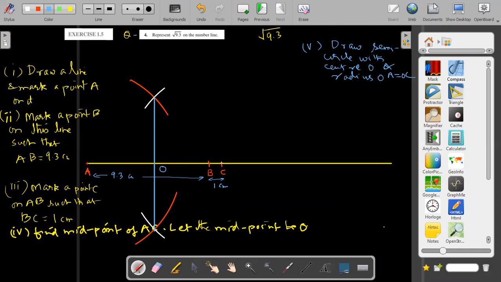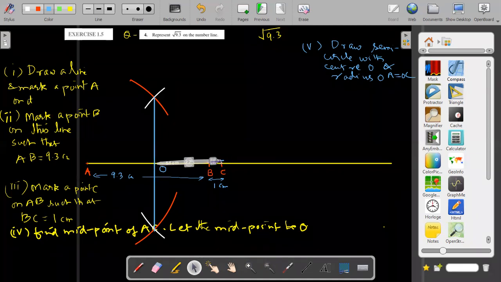So we will have to adjust the compass with this O. You have to keep the compass exactly at O, and then take it up to C, OC radius.